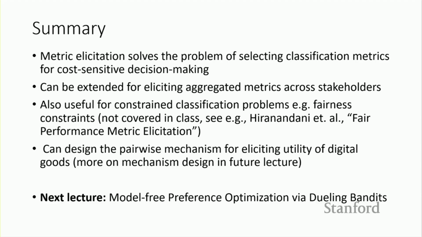Even in very simple binary classification problems, that choice is also an important one. And many of the tools we've been building over the class can be useful there. Specifically in that setting, we can use this combination of active learning and preference learning as a way to hopefully do a much better job of picking utilities that better reflect stakeholder preferences. And so that's the key takeaway that I'd like from this.